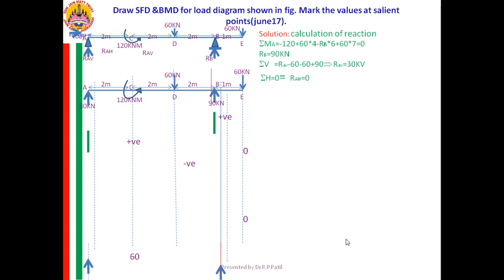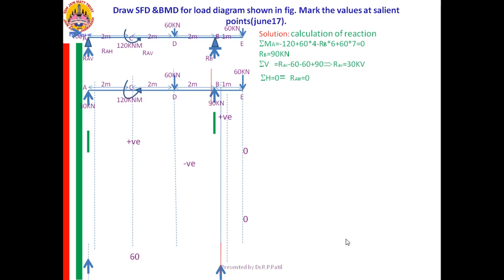Yes friends, now I need to go for the construction of the SF. Can you guess where all I need to calculate the SFs? As per the definition, left and right of the point load, beginning and end of the distributed load.